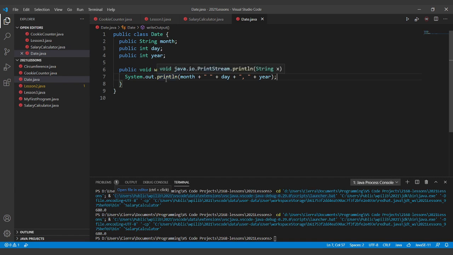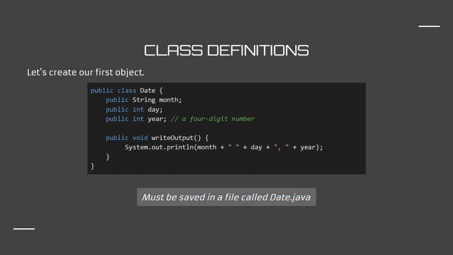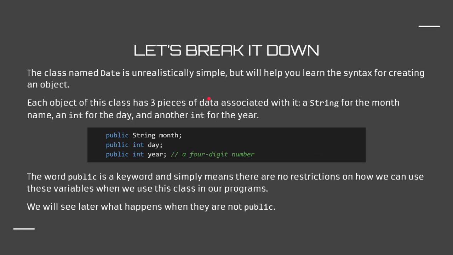So this is going to print out the date. As the slide said, this has to be saved in a file called Date.java because files always have to have the same names as the main class in it. So let's break this down.